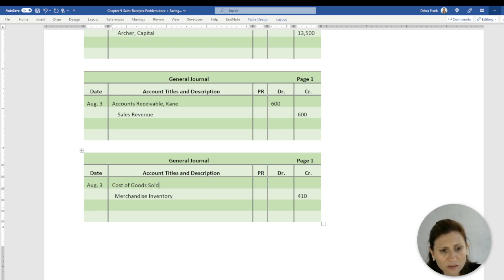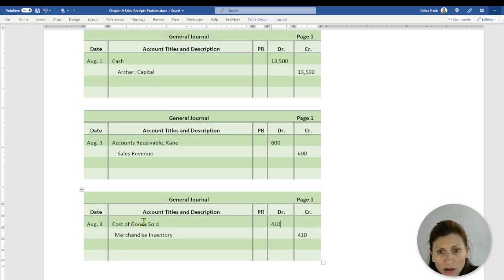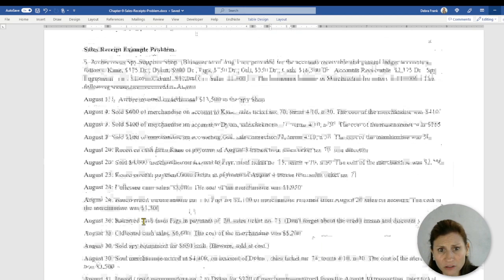But like I said, it's an expense account, so its normal balance is a debit, even though it doesn't have the word expense with it. All right, so that was the cost for those goods that were sold. Now we're done with that journal entry. So we have a 2-part journal entry. We record the sale and then we record the associated costs. We're going to do that quite a few times for practice. It'll go fast from here now.